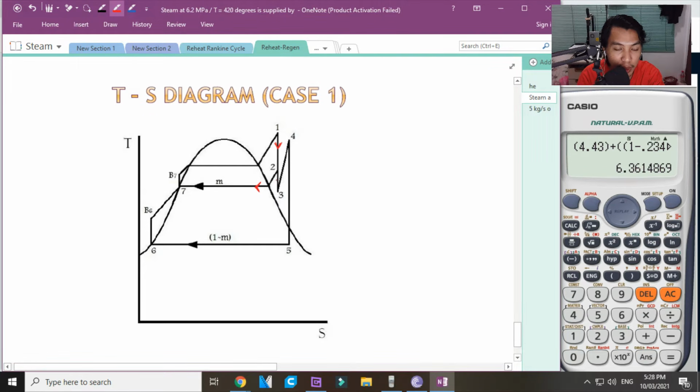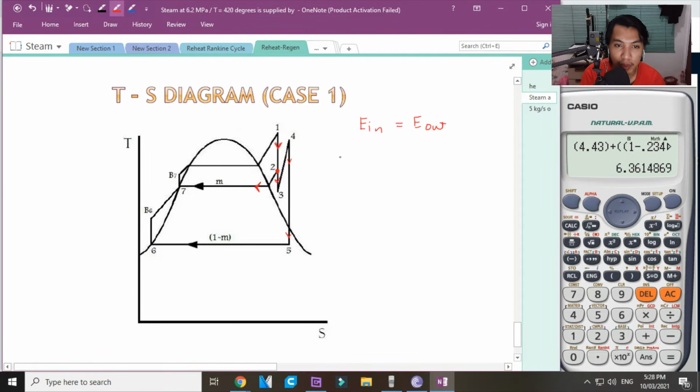Tapos pumasok ka uli sa 3. Lalabas ka ulit sa 3, kasi naghiwalay yan diyan. Lumabas ka sa 3, papasok ka sa 4. Pumasok ka sa 4, lalabas ka sa 5. Energy in is equal to energy out. Diagram lang ang tinitignan ko, hindi na yung schematic. TS diagram lang talaga.